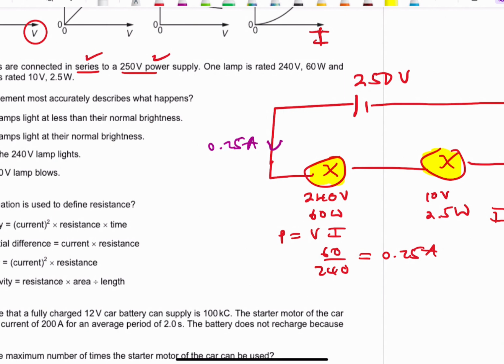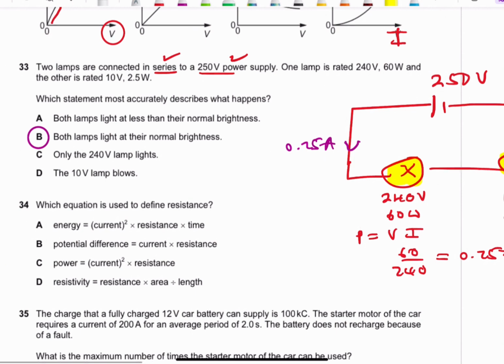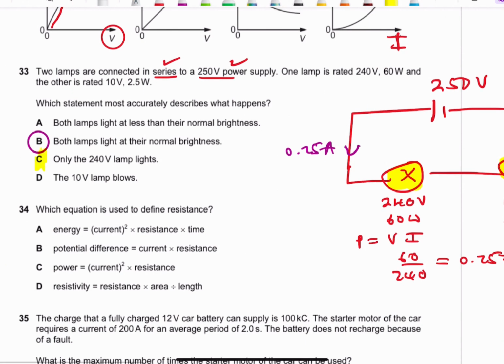But everything is met. Every lamp is going to get its voltage and its current. Why would only the 240 V lamp light if current is flowing through both of them? So C doesn't make sense. A doesn't make sense. And D, the 10 volt lamp blows. Why would it blow? What has it done wrong? It can't just blow because everything is in order. So it can't be D.